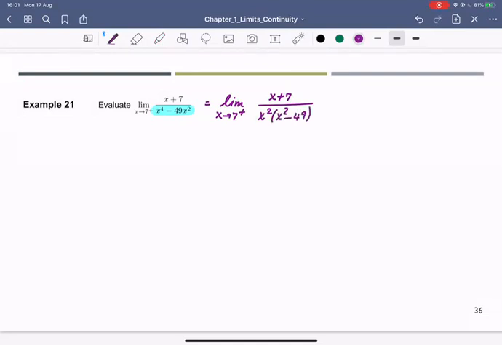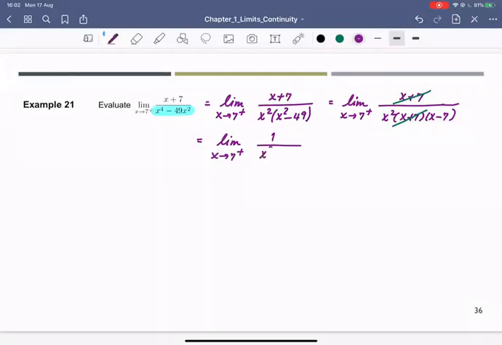I hate x squared minus 49, so it's going to be (x plus 7)(x minus 7). Something cancels now. Good, I feel better. Now this is the limit as x goes to 7 from the right of 1 over x squared times (x minus 7).